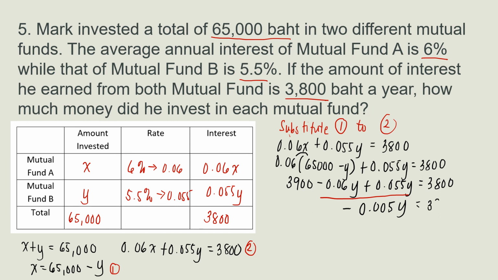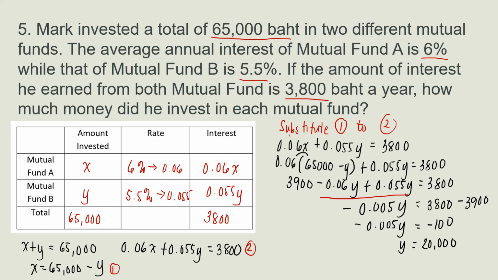So this is 3,800 minus 3,900. We will have negative 0.005y is equal to 3,800 minus 3,900, which is negative 100. If we divide both sides by negative 0.005, you will get 20,000.